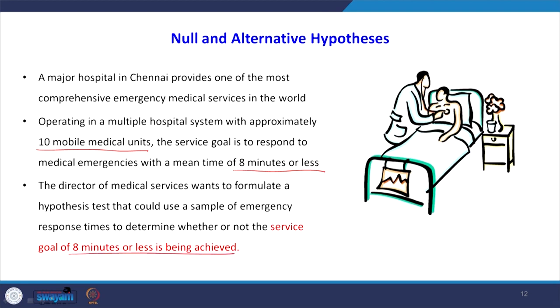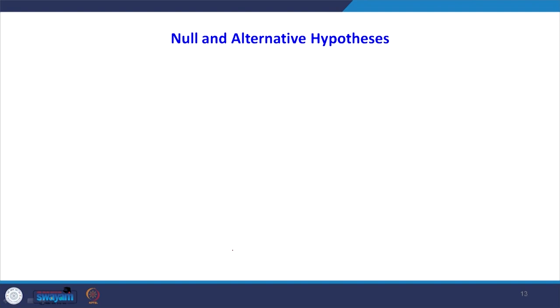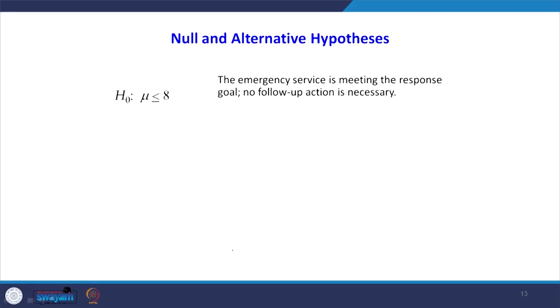See, now it is like an alternative hypothesis. So what will happen? Now the status quo is 8 minutes or less. So the status quo will go to the null hypothesis.